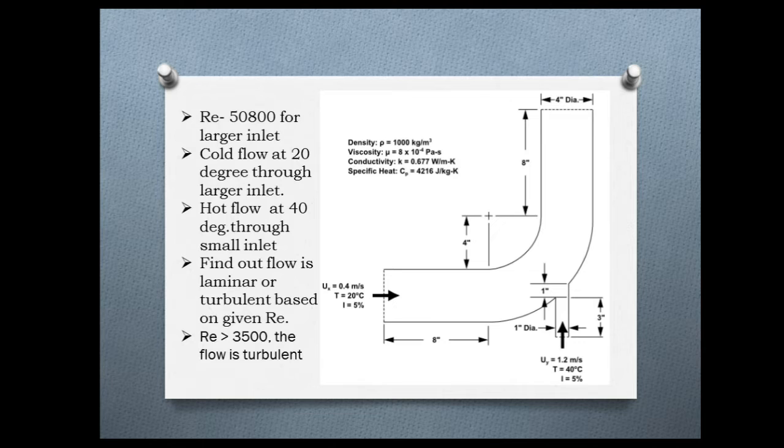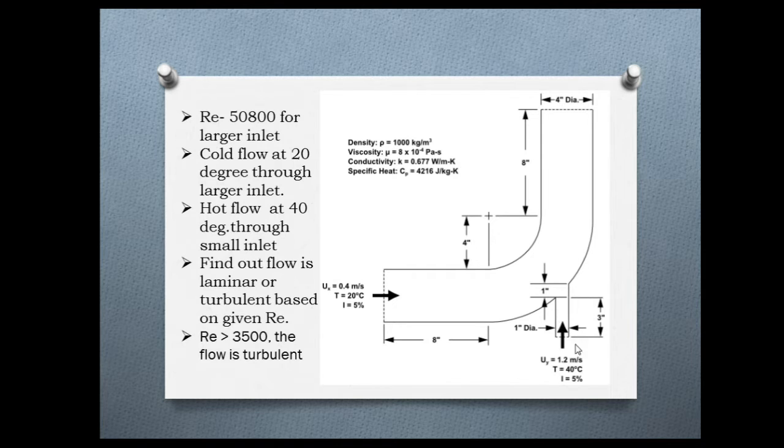This is our mixing chamber, and as you can see we have the larger inlet. This is, we can say, inlet 1, and we have one smaller inlet, we can say inlet 2. In the larger inlet we have the boundary conditions: velocity 0.4 meter per second, temperature 20 degrees Celsius, and intensity is 5%.